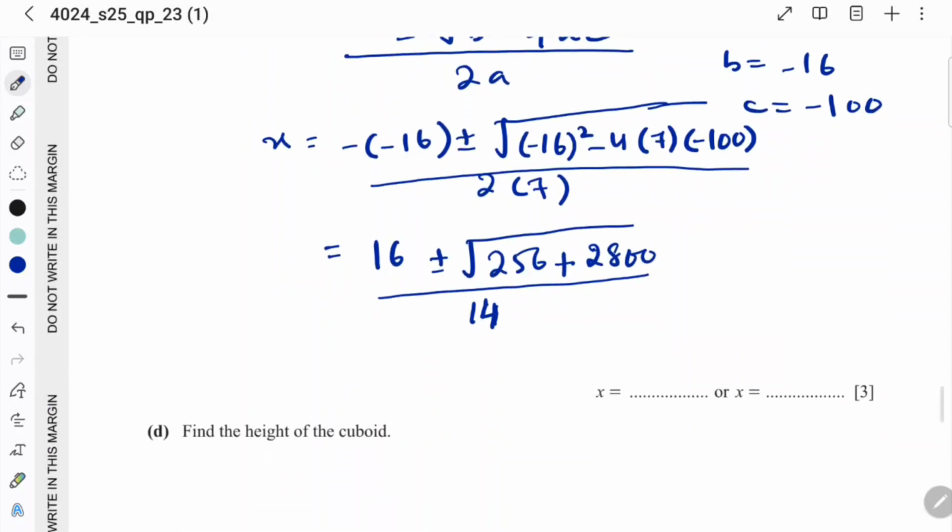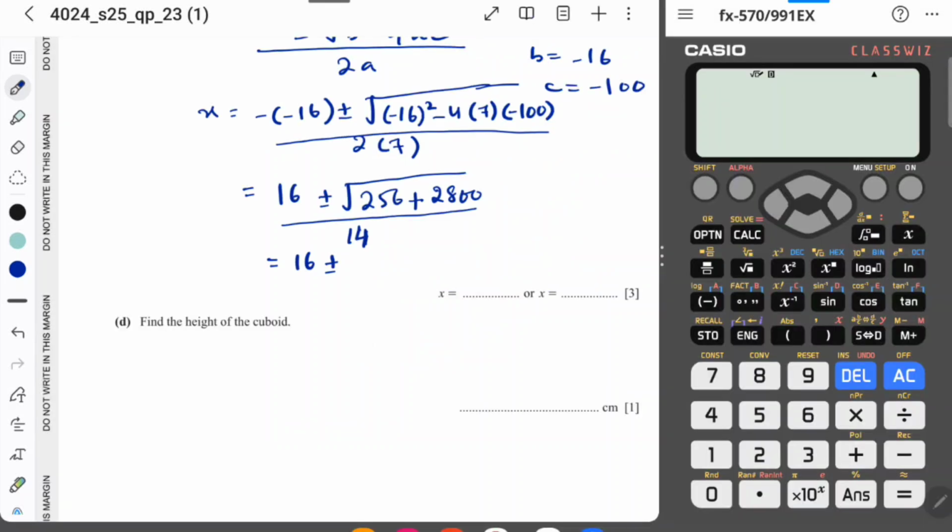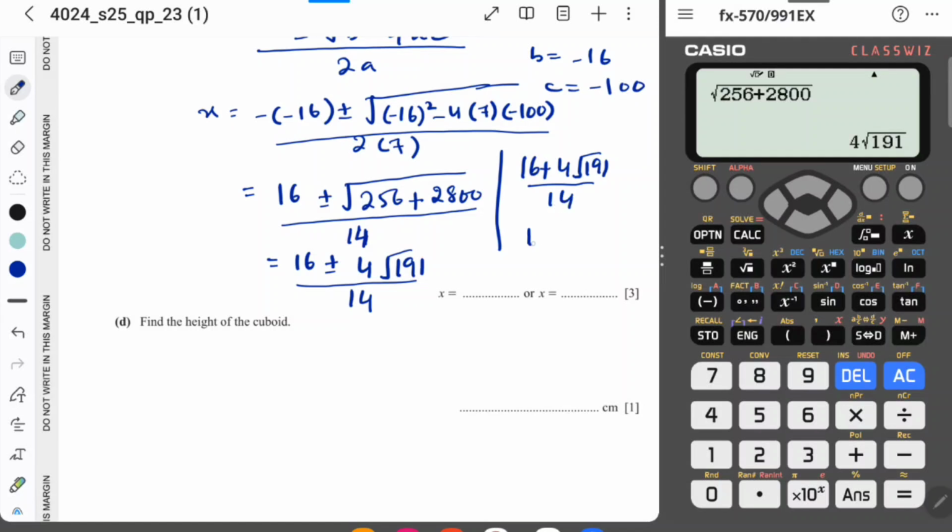Calculate, and you will be getting 16 plus or minus the square root of 256 plus 2800, which equals 4 square root of 191, so 16 plus 4 square root 191 upon 14, and 16 minus 4 square root 191 upon 14.